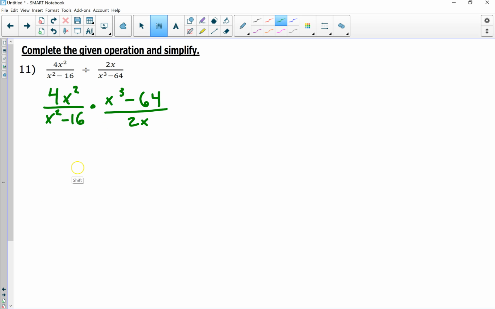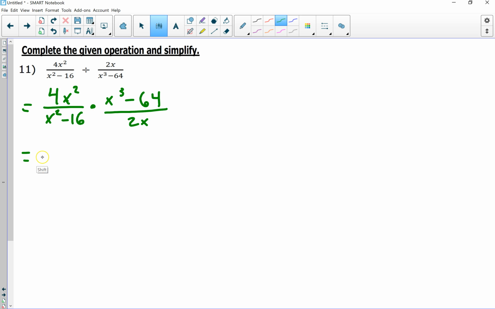That's not going to help me. It's just going to give me more complicated polynomials that I'm then going to have to factor. So what we can do is take what we currently have and factor it first and see if there are common factors that will cancel, get rid of those, then worry about multiplying across the numerator and across the denominator. It's just going to save us so much work to do it that way.